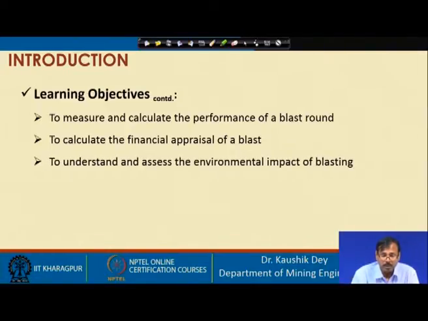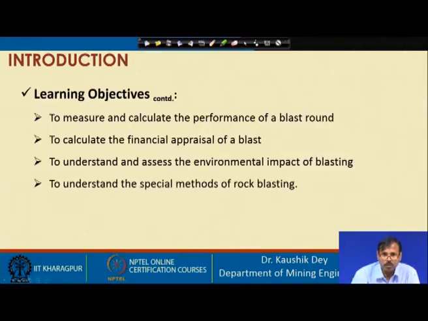And not only that performance, but it is also essentially required that the student must be able to understand and assess the environmental impact of the blasting. So, that is very important. The blasting should not create any nuisance to the environment.